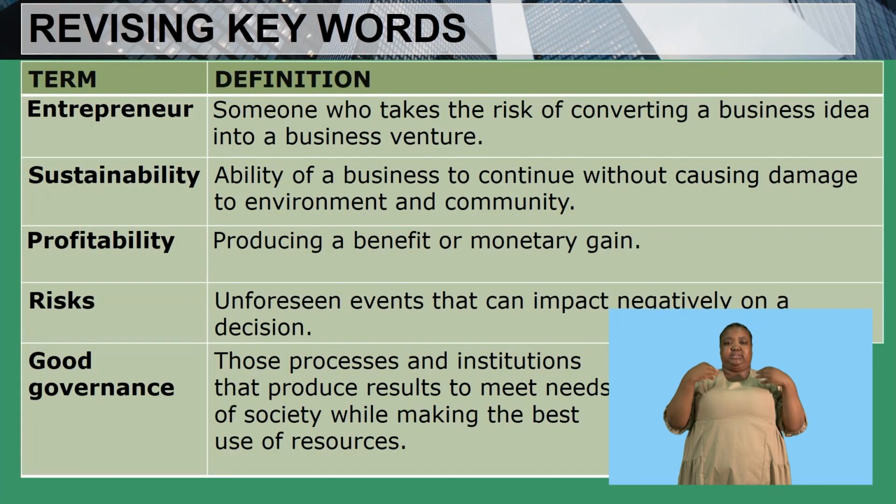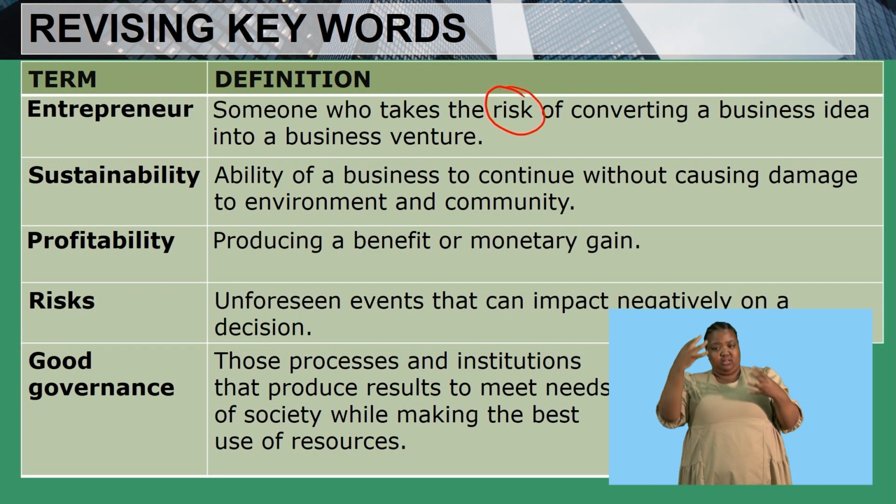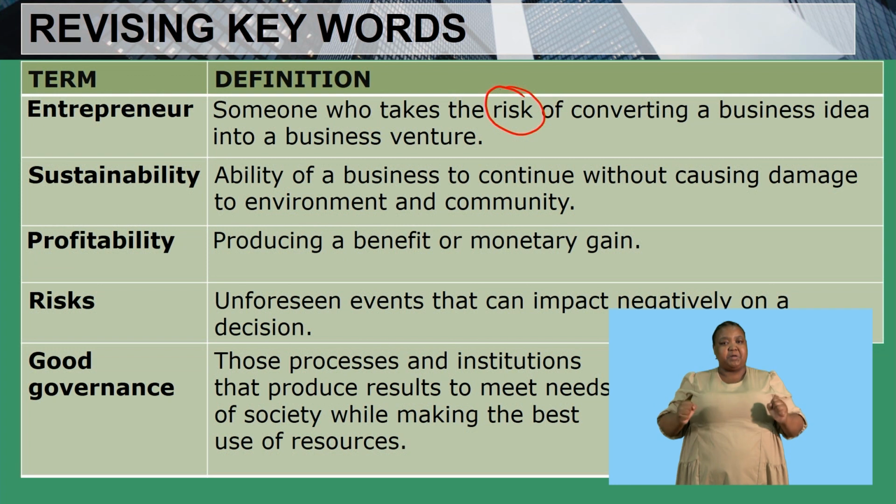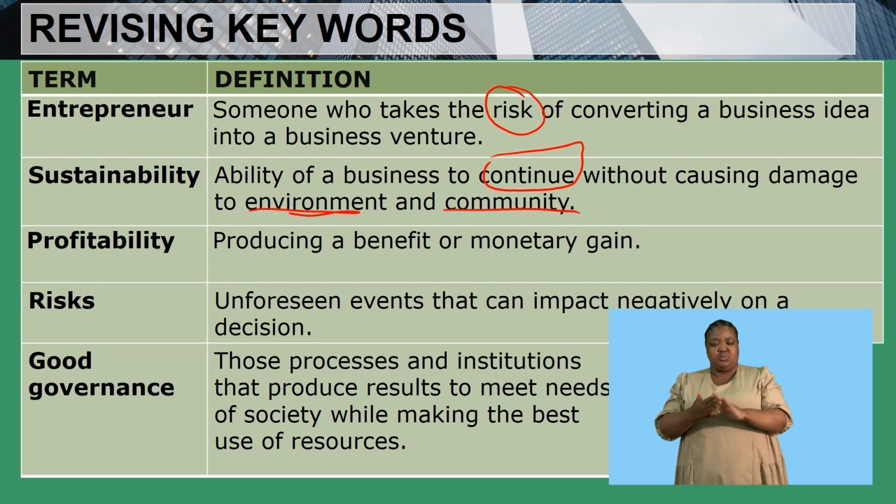Now, the revising keywords that we will come across in this lesson include the entrepreneur, which is defined as someone who takes the risk, very important, of converting a business idea into a business venture. We also have the word sustainability, which is the ability for the business to continue without causing damage to the environment and the community.